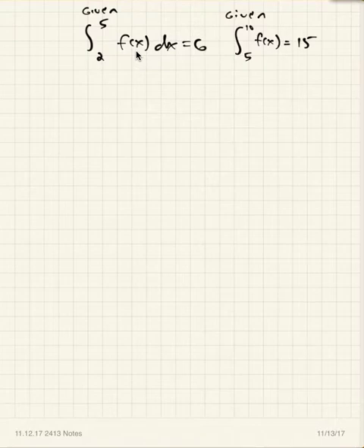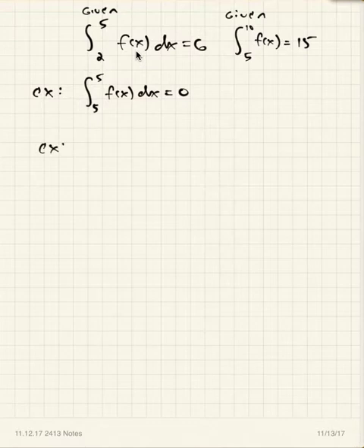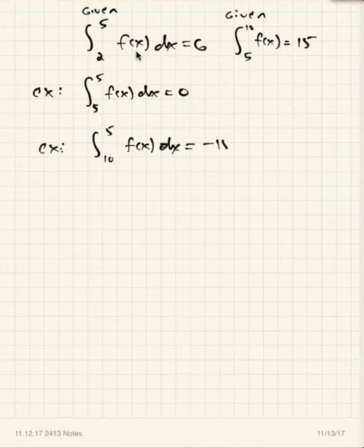All right, so if you're given those two statements, then what do we have? Let's see an example. We're going from 5 to 5 of f of x dx. We know that would be 0. Anytime you're looking at an integral where the limits of integration are the same, you're going to get 0. The integral from 10 to 5 of f of x dx would be equal to -15, because the integral from 5 to 10 of f is 15.